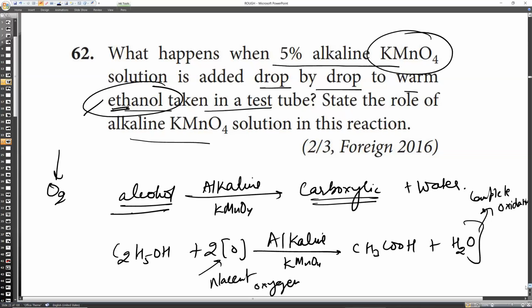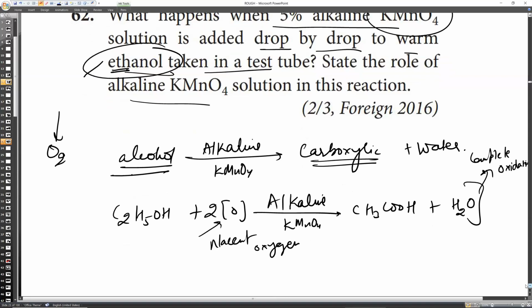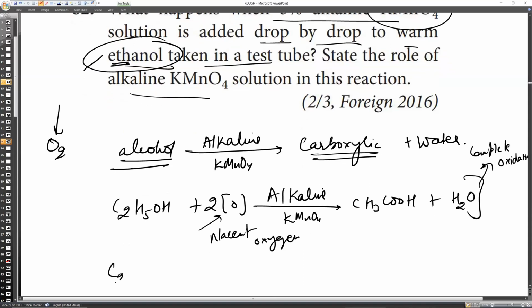If incomplete oxidation of alcohol takes place, it gives an aldehyde. For example, if we have C2H5OH and add CrO3, chromium oxide, it gives a 2 carbon aldehyde, CH3CHO, plus water.